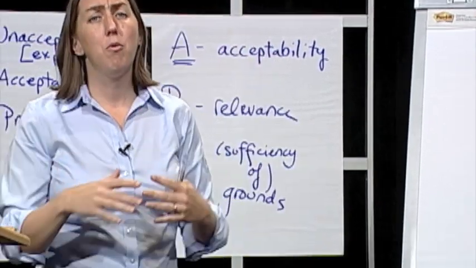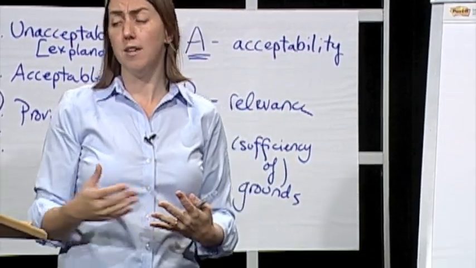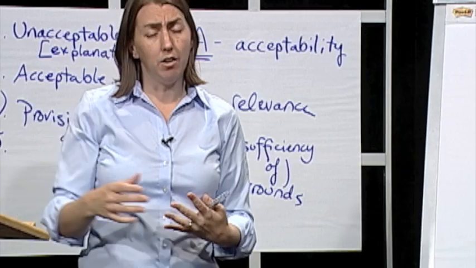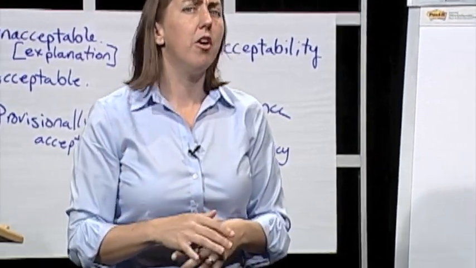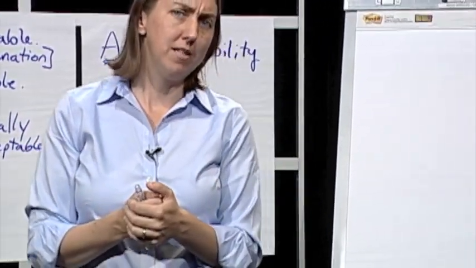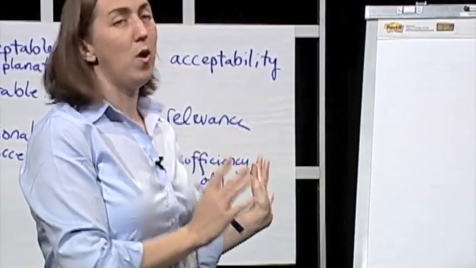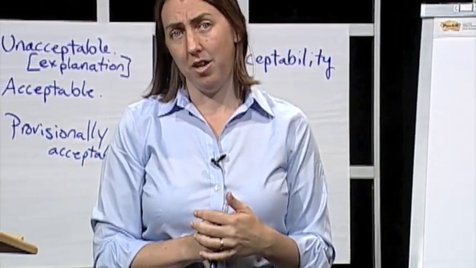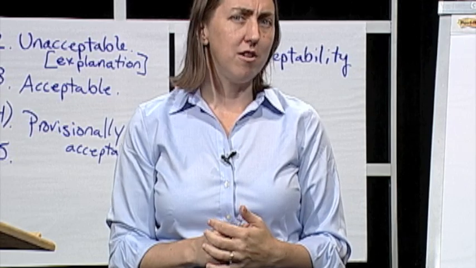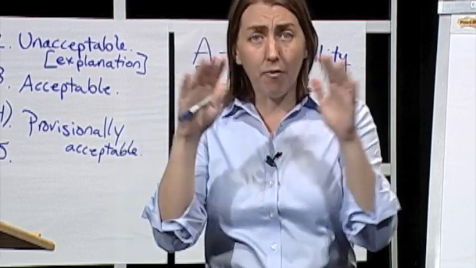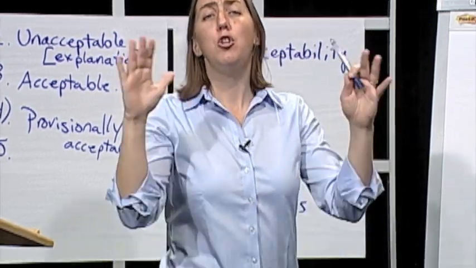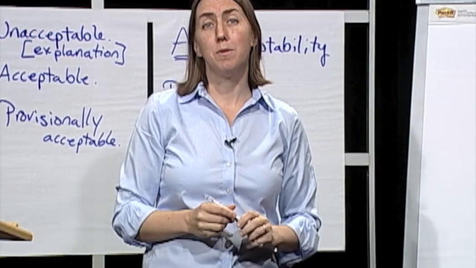I'm going to go through quite a few of those ways, and although the list is relatively long, it's not exhaustive. There are many, many ways in which premises can fail. So don't make the mistake of thinking that every premise will fall into one of the categories that I'll give you here. These are just some common patterns that you can be on the lookout for, that fall under the general umbrella, do you find this premise to be acceptable?